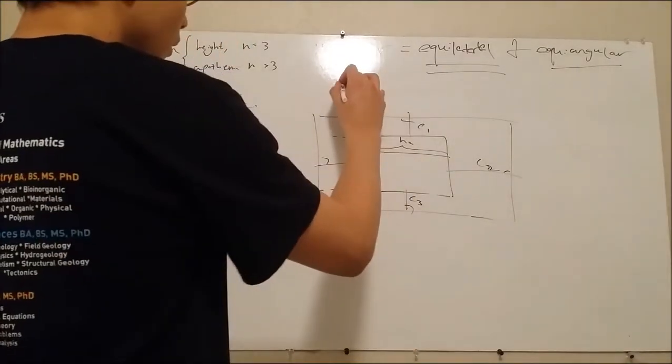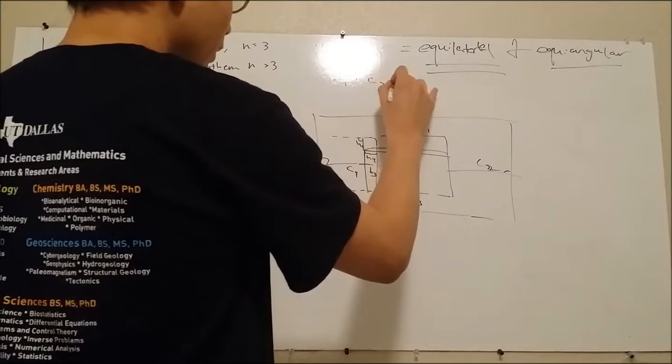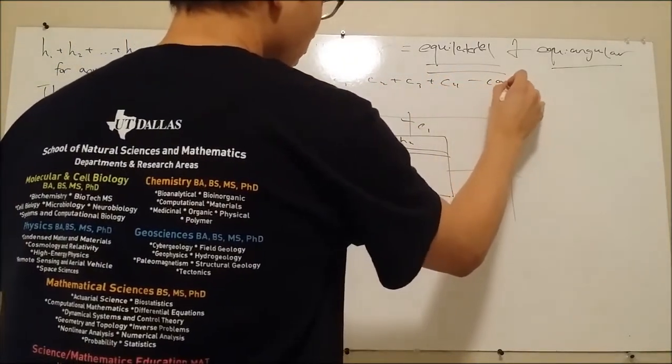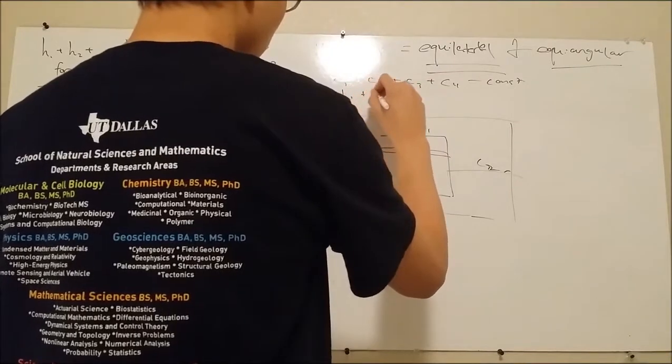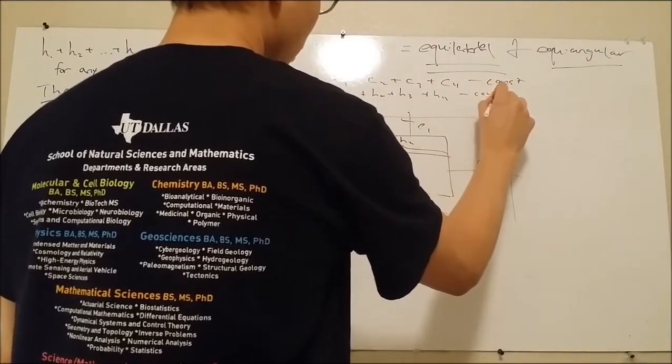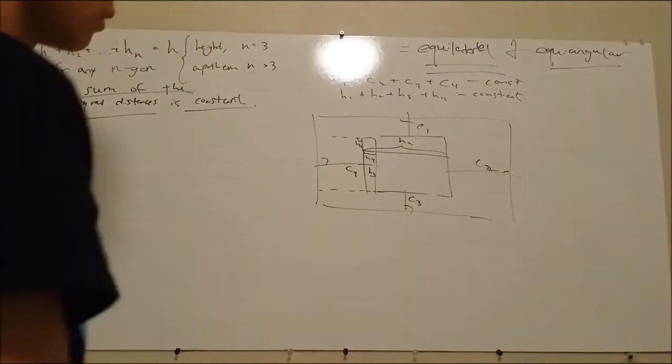But the argument we used previously was that this was constant. So the sum of these is constant.